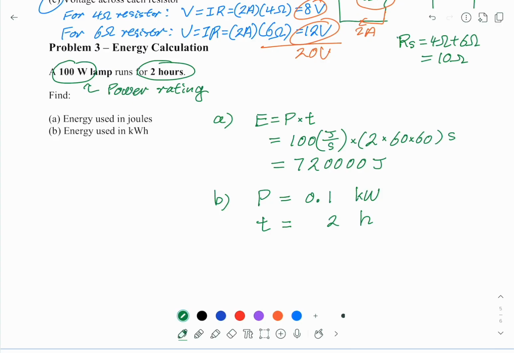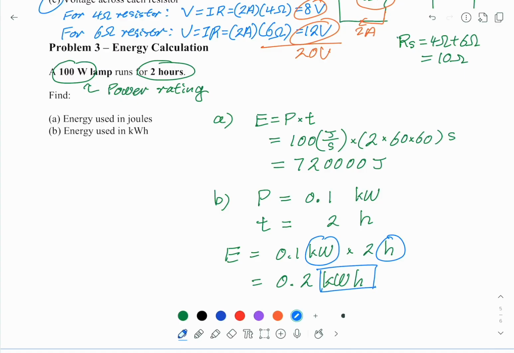So the energy E, this time we don't use joule, we use kilowatt hour. So we can just say 0.1 kilowatt times 2 hours. Remember, this combined is a unit of energy. So this is 0.2 kilowatt hour. Just to remind you again, this is another, like a big unit. This is 3.6 times 10 to the power 6 joule.